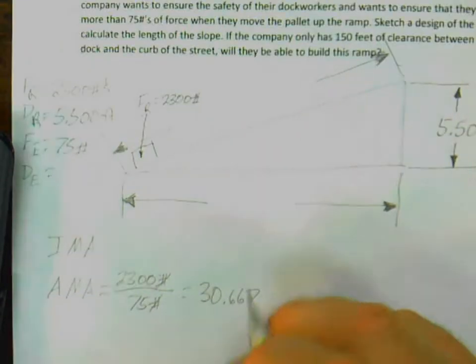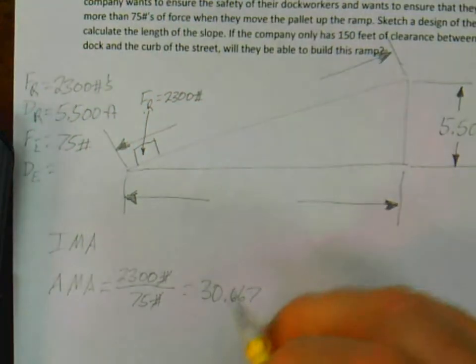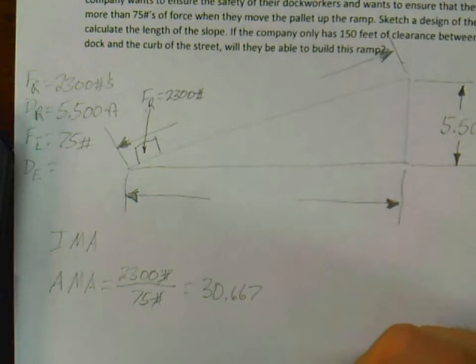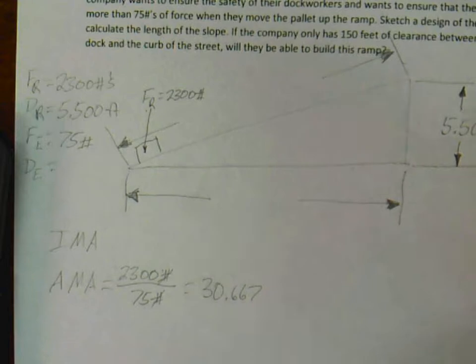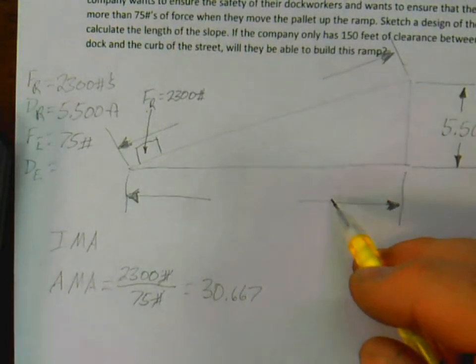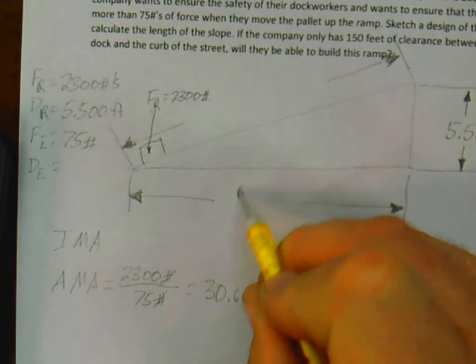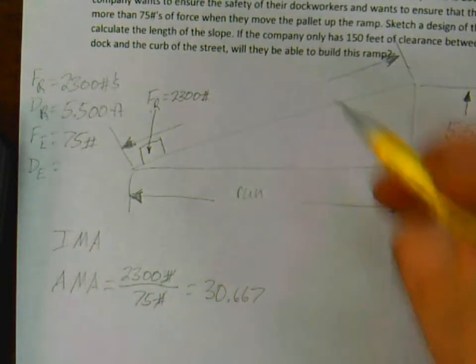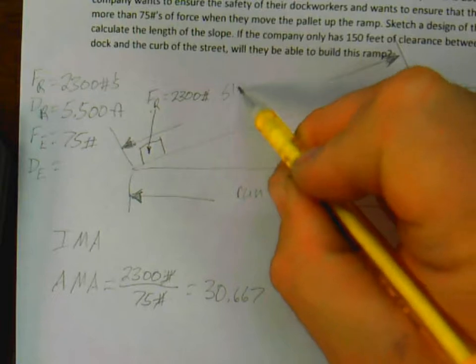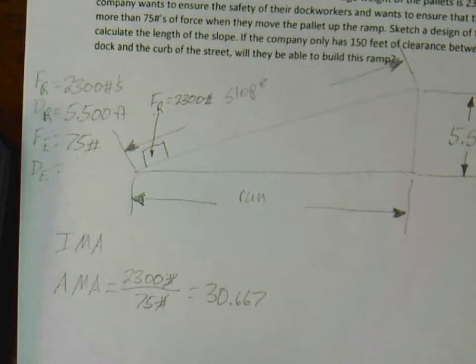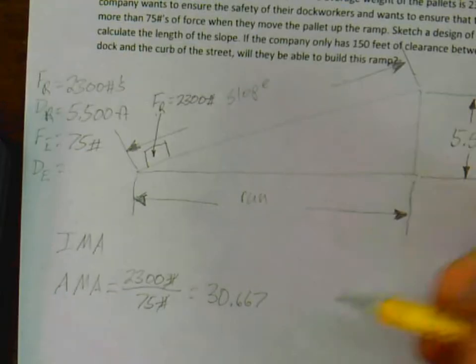Alright, and I need to know now my distance of the effort. So we've got two distances left. We've already identified one as the run, and of course this is our slope here. Which will the distance of the effort be? If you think logically about it, what length am I moving that pallet up?